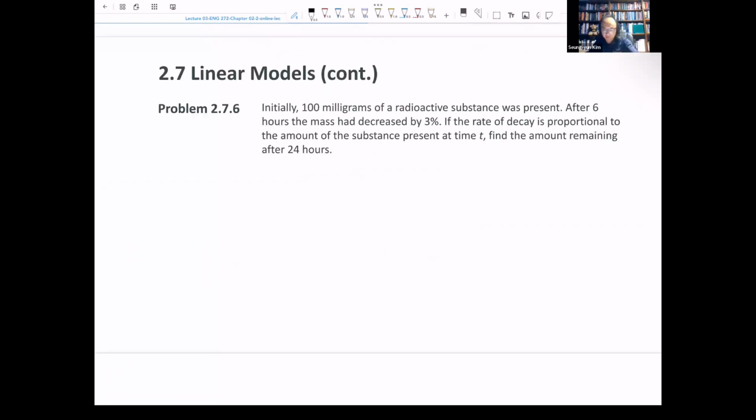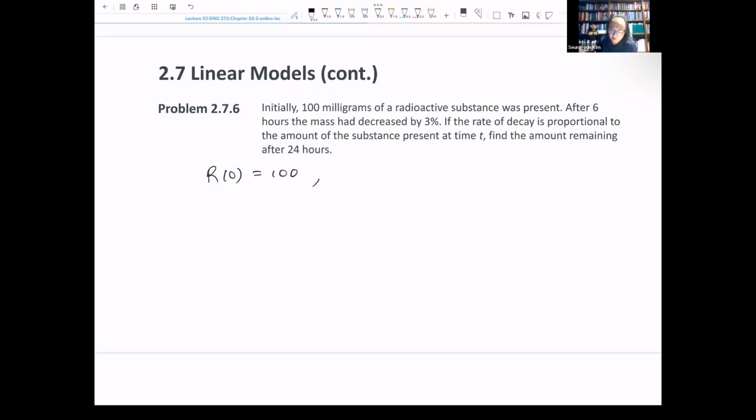Okay, so let's work on problem 2.7.6. Initially, 100 milligrams of radioactive substance was present. So radioactive R, initial value R of 0 equals 100. After 6 hours, the mass had decreased by 3%.